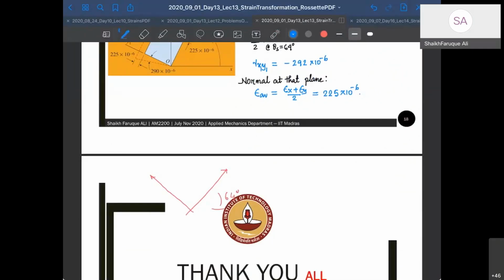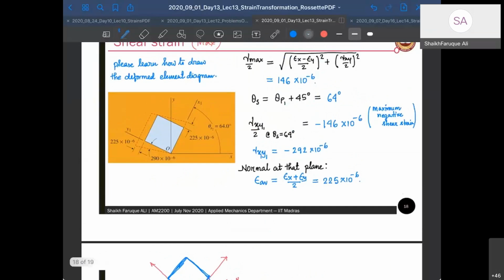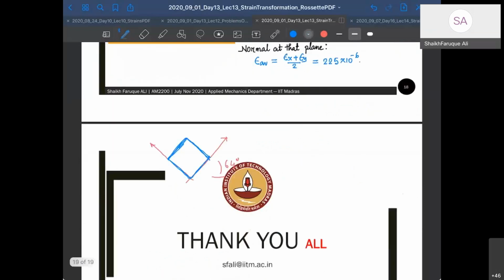This is my original element in the transformed coordinates, and my deformations are given by epsilon average, which is 225. So 225 here, and here also I need 225, so this is also 225.